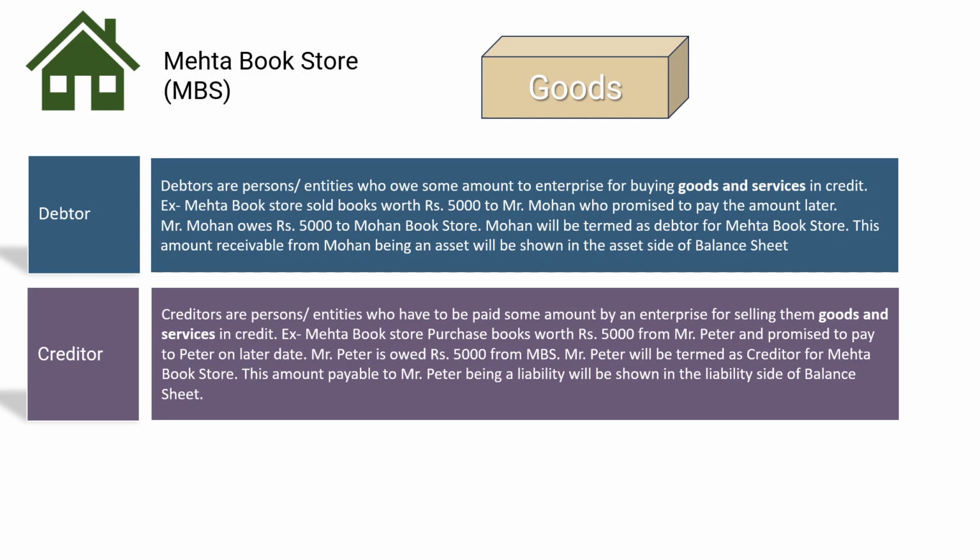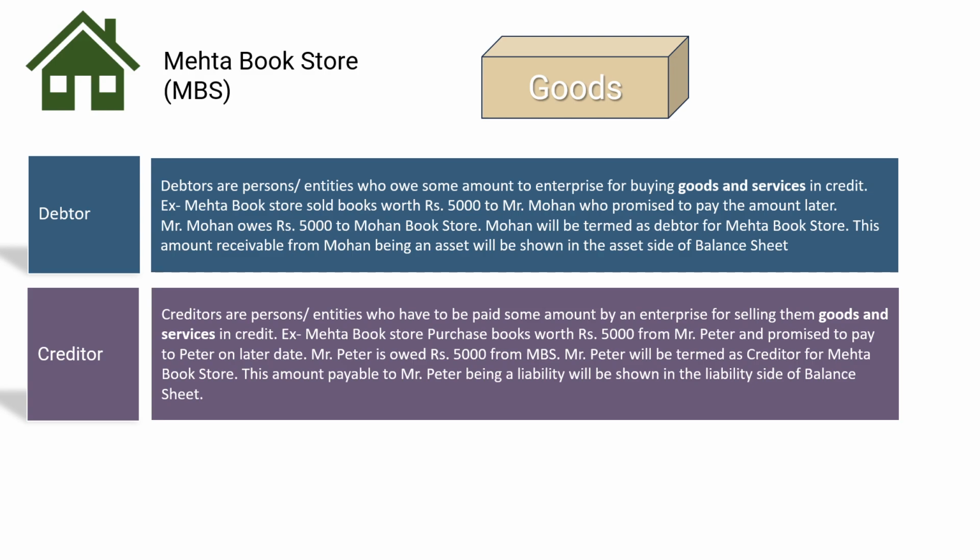Suppose, for example, Mehta bookstore purchased books worth rupees 5,000 from Mr. Peter, the supplier, and promised to pay Peter on a later date. Mr. Peter is owed 5,000 from Mehta bookstore.